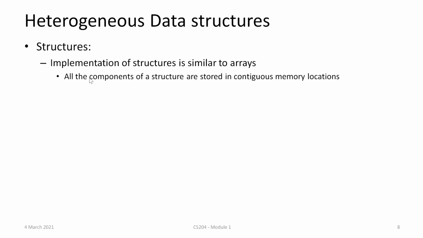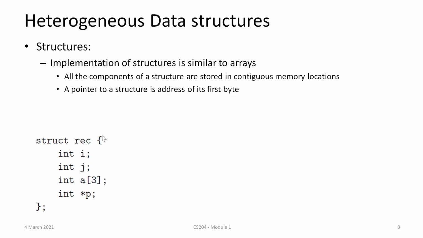All the components of the structure are stored in contiguous memory locations, contiguous meaning side by side. How we access this structure is that there will be a pointer to this structure, pointing to the first byte of this structure.